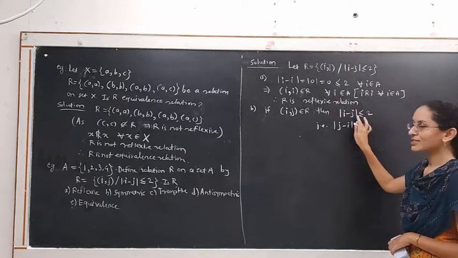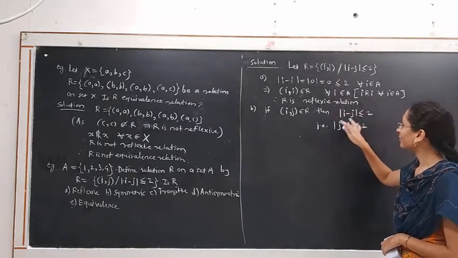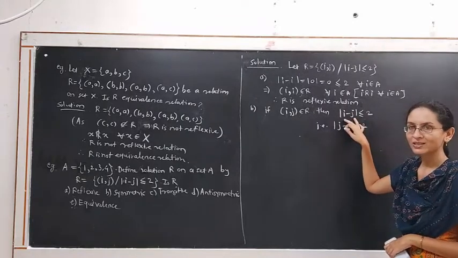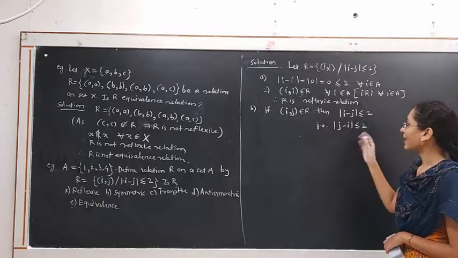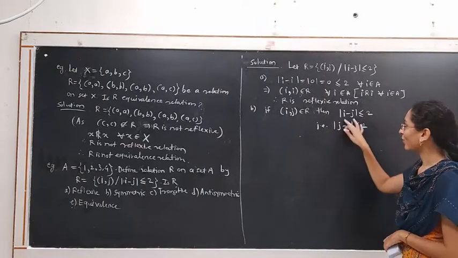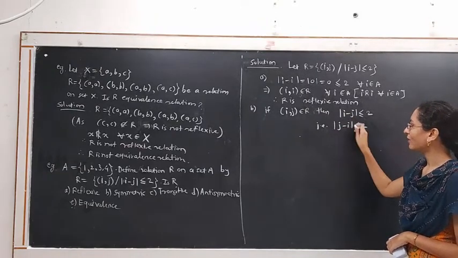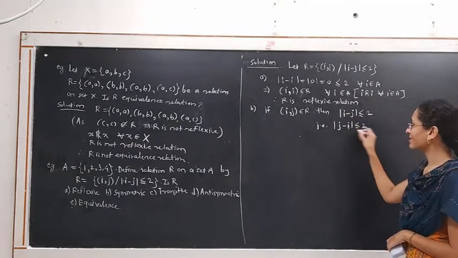Because this is a modulus sign, the subtraction of any two elements can be taken in any order; mod of i minus j or j minus i, both are the same.